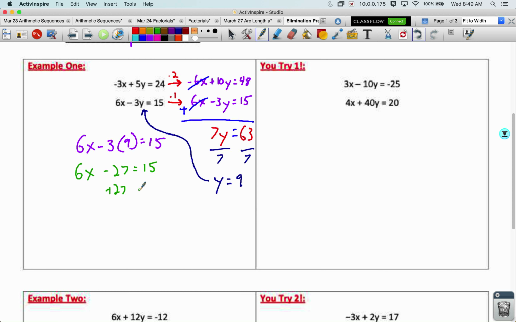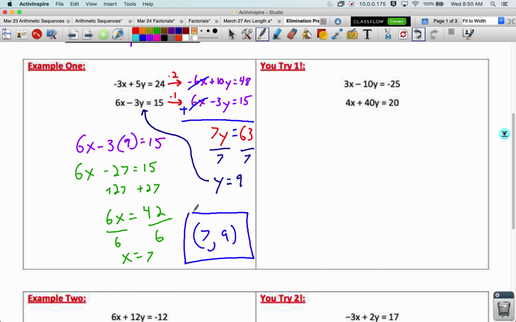Add 27 to both sides. 6x equals 42. Divide by 6, divide by 6. x equals 7. Now I'm going to put that together into an ordered pair, (7, 9), with parentheses and a box around it because that is my final answer.